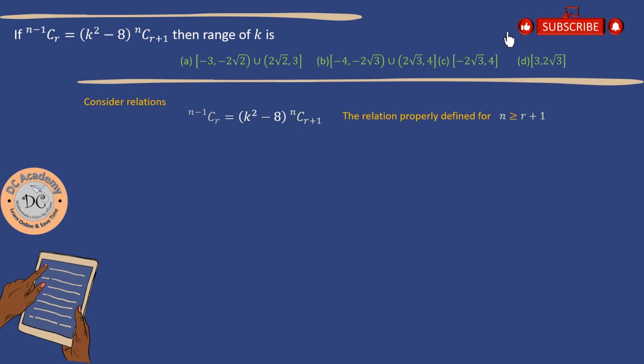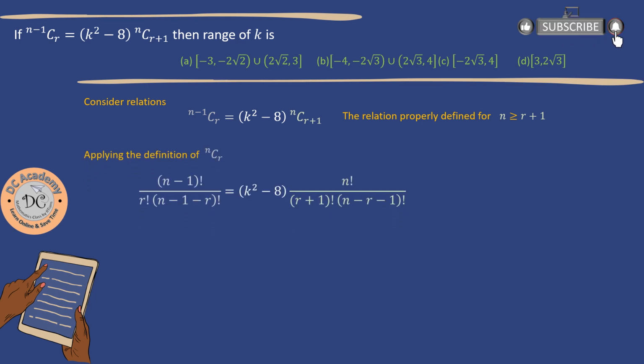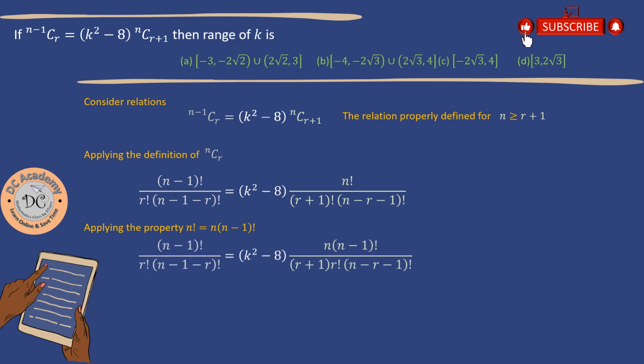We have found a relation between n and r, which states n is greater than r plus 1. Now we apply the definition of NCR and expand the left hand side and right hand side. Using the property factorial n is equal to n into factorial n minus 1, we can rewrite the relation.